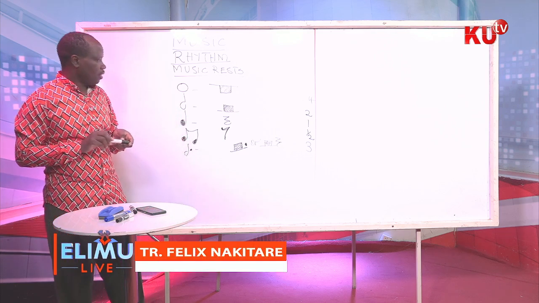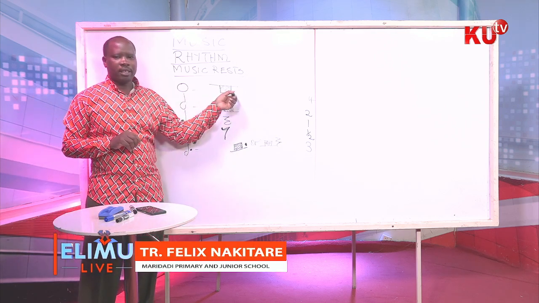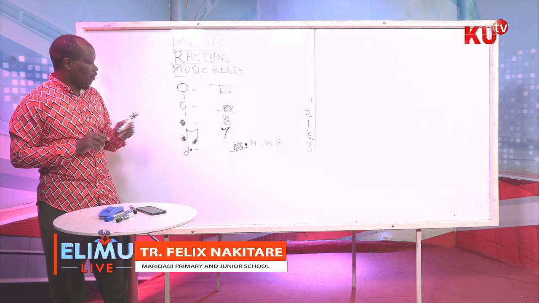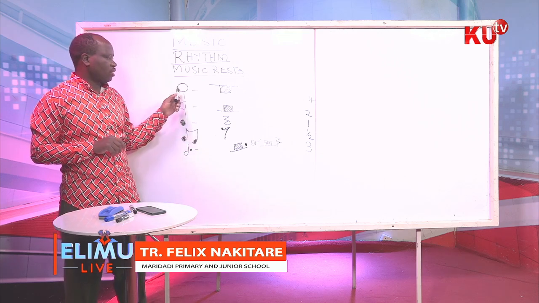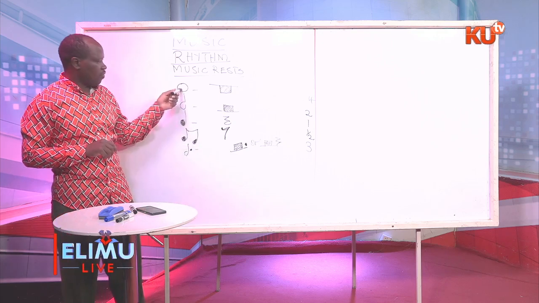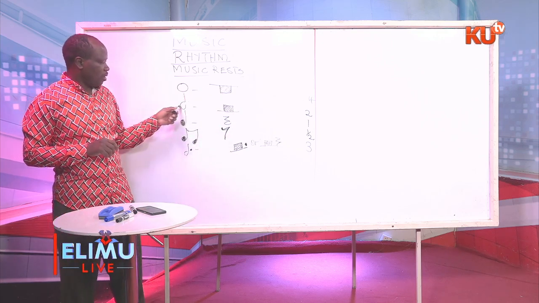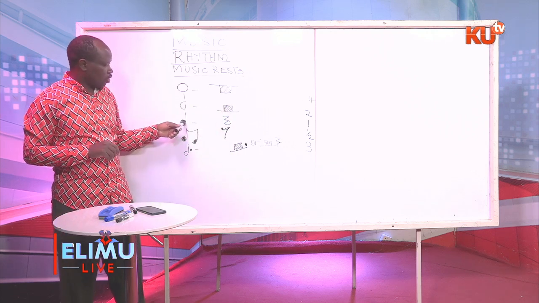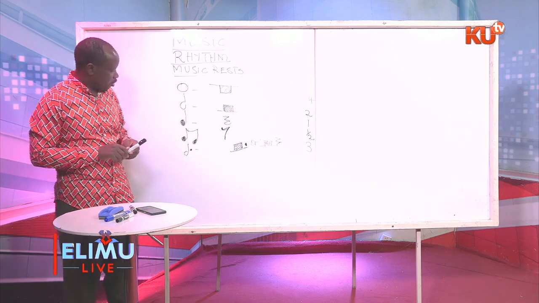Point number 3, we've looked at how each rest represents a certain musical note. And for the 5 notes that we have in grade 6, each of the notes has its musical rest. Semi-brief has its rest as drawn here. Minim has its rest as drawn. Crochet also has its rest as drawn here, which you should be able to know.